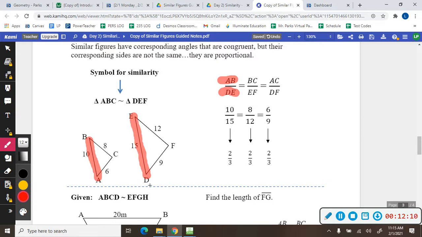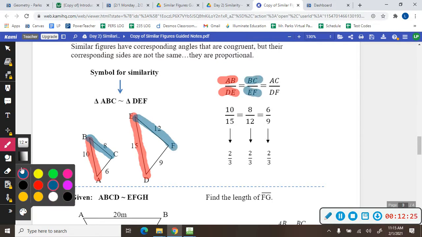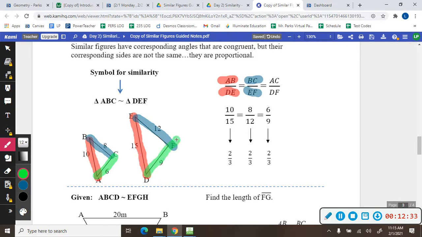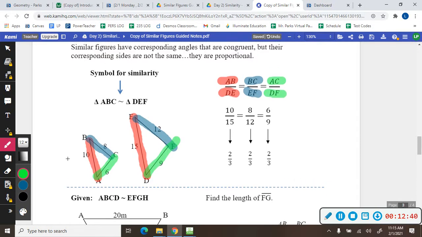So if I take AB divided by DE, that should equal BC divided by EF, and that should equal AC divided by DF. So look what we have, and notice it doesn't matter if you start small and go to large, or if you go large and go to small, you have to keep in the same order.